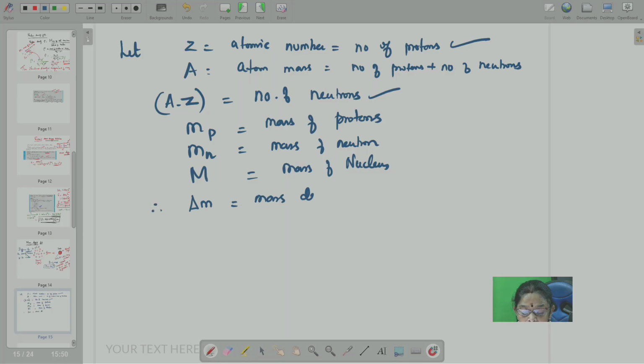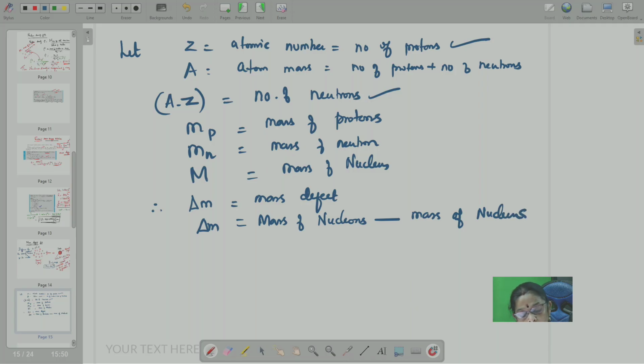That is nothing but the mass of nucleons minus the mass of the nucleus. Nucleons are the ones present inside the nucleus, but it has been formed by the combination of protons and neutrons together. A proton and neutron fuse together to form the nucleus.